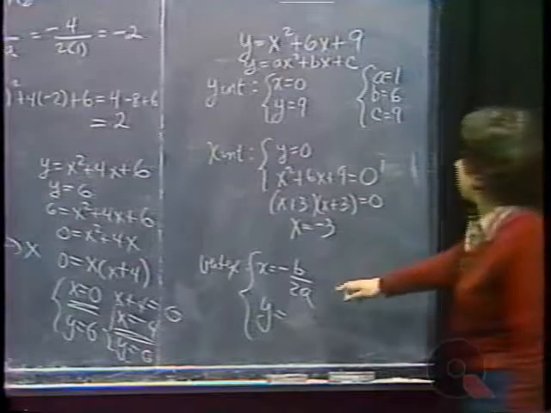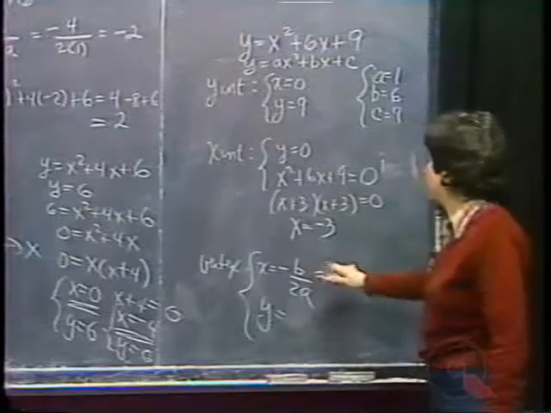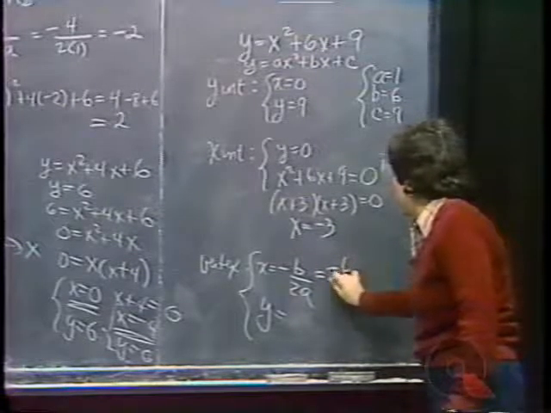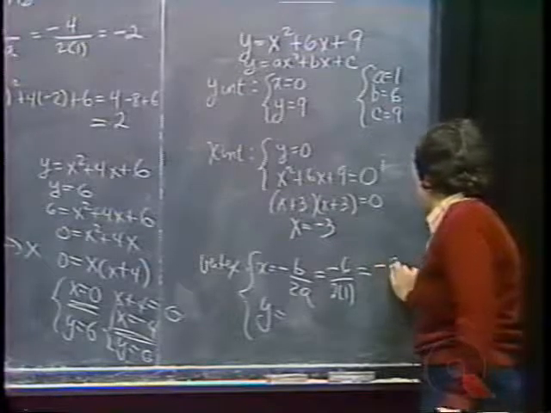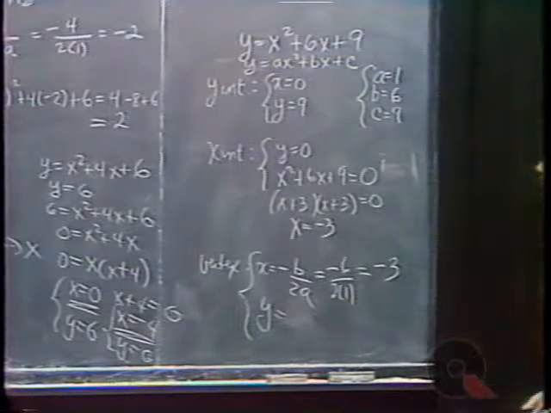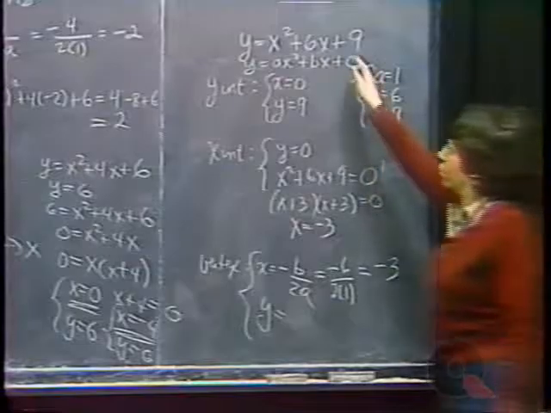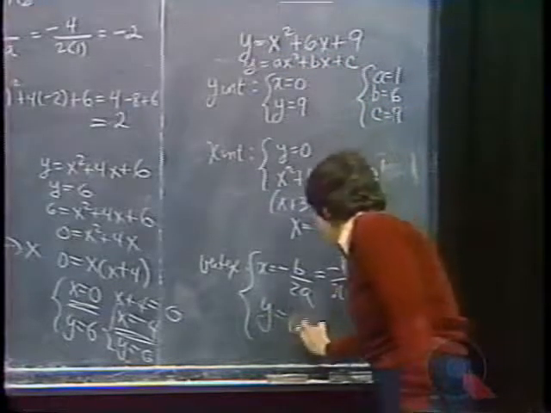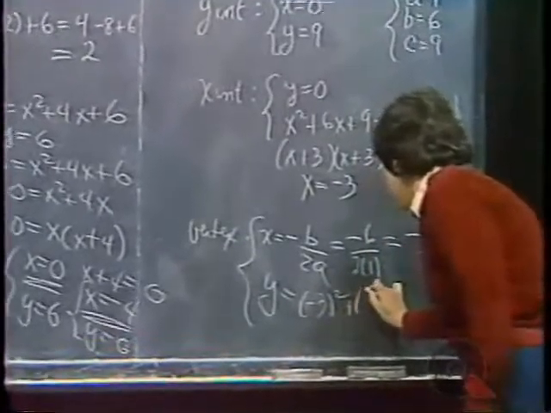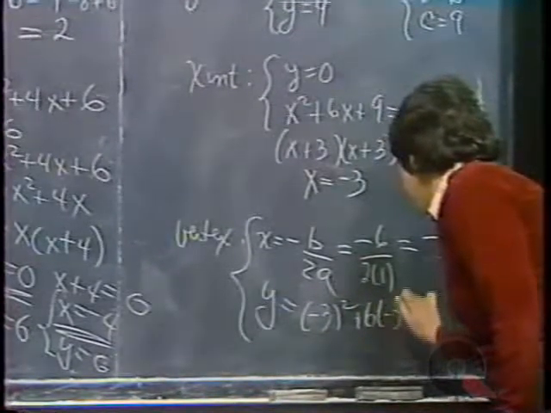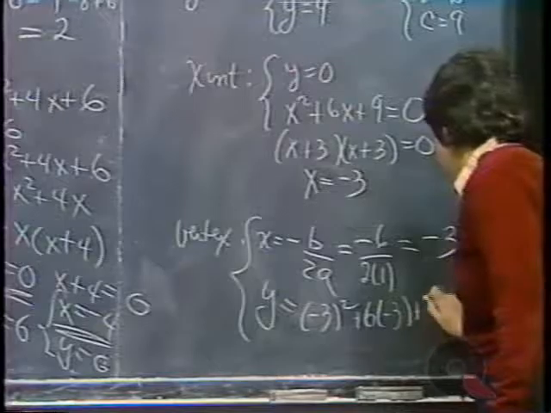So x equals minus b over 2a. Substituting, we get minus 6 over 2 times 1, or minus 3. And when you substitute this into the original equation, you get minus 3 squared plus 6 times minus 3 plus 9.